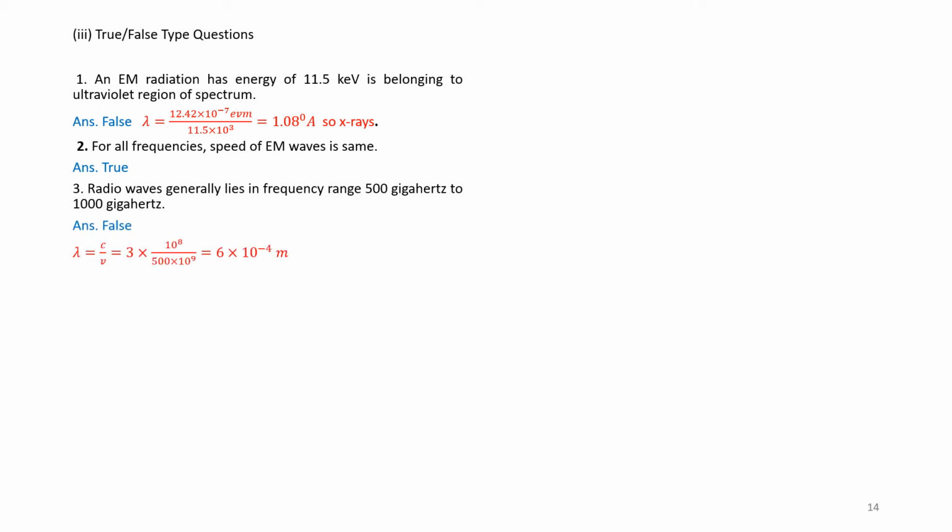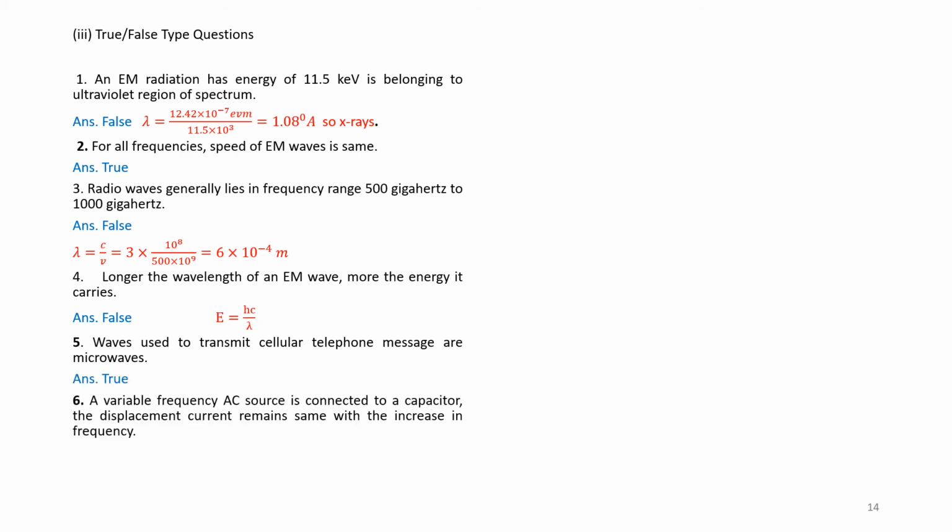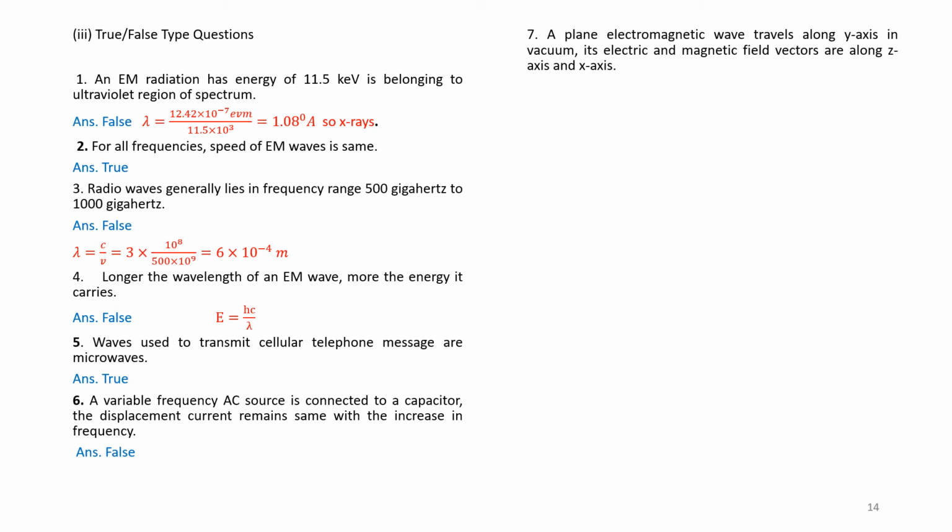False. Question number 4. The longer the wavelength of an electromagnetic wave, the more energy it carries. False. Question number 5. Waves used to transmit cellular telephone messages are microwaves. True. Question number 6. A variable frequency AC source is connected to a capacitor. The displacement current remains the same with the increase in frequency. It is false.